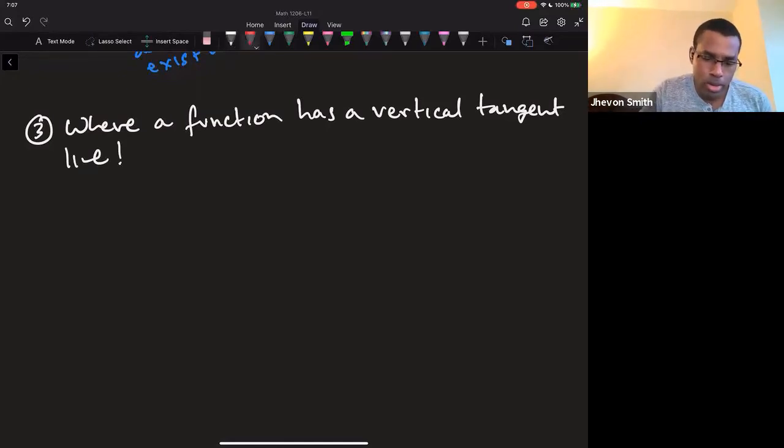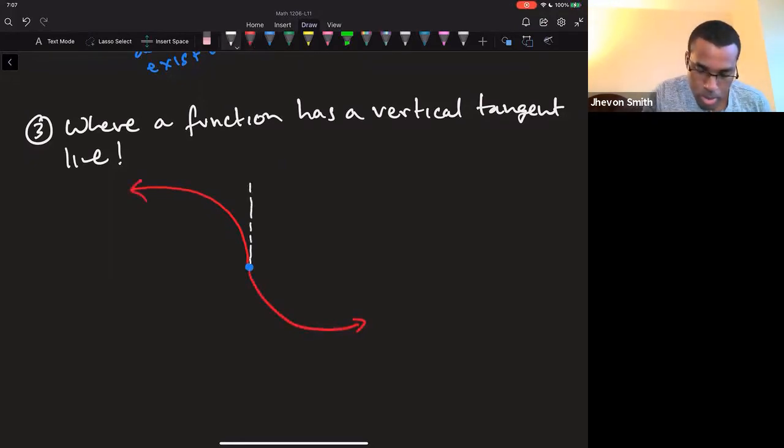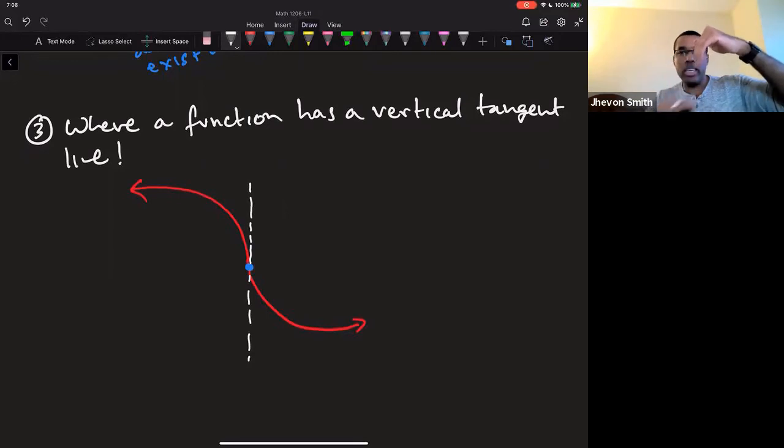But this is the behavior of some functions, that they can go vertical for like a split second. So they have a point where they're almost vertical when they hit that point, and then they switch after that point. And so the tangent line, the best fit line, would be a vertical line going through that point, because they're approaching vertical before it, and then they leave vertical right after it.